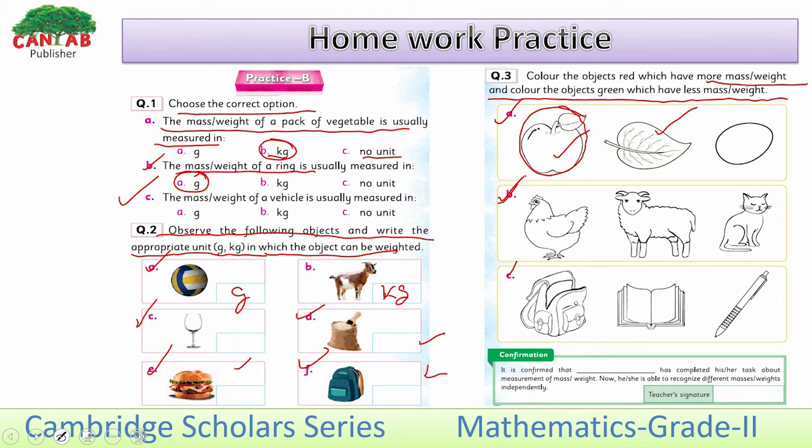Similarly, complete these B and C parts. After completing this homework on your workbook, send your workbook to your teacher for checking, and then your teacher will confirm and sign here that you have completed your task honestly.